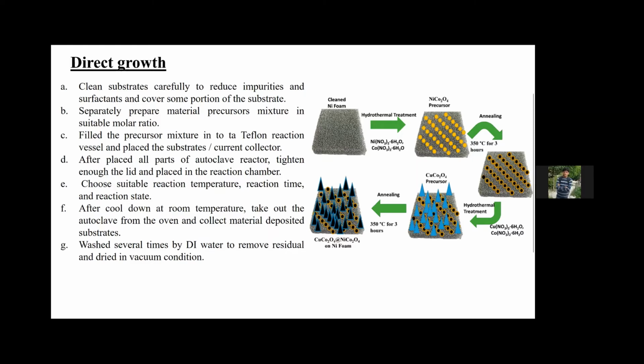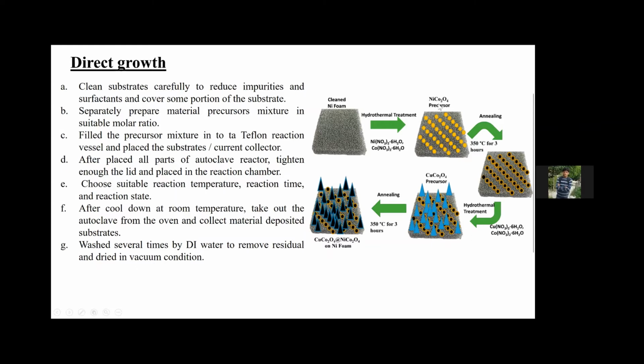So in direct growth, what we will do is, as I said, first we clean our substrate. And then during the synthesis process, suppose we want to deposit nickel cobalt oxide. For nickel cobalt oxide, we separately make the precursor that contains the nickel precursor and cobalt precursor.